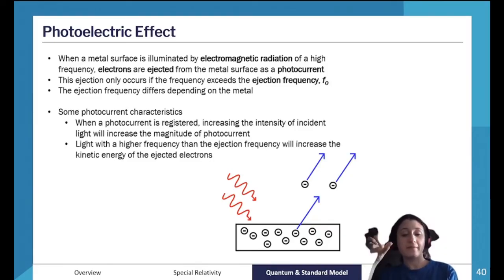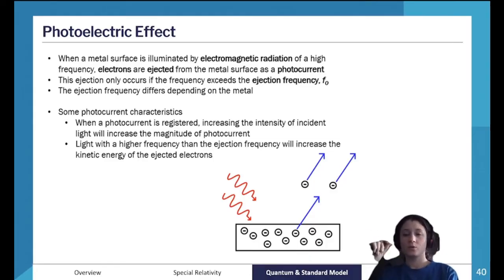But it doesn't have a high enough frequency, and so no electrons come out of the metal. In other words, before you've reached your threshold frequency, or the ejection frequency, it doesn't matter how bright the light is, no electrons will come out.